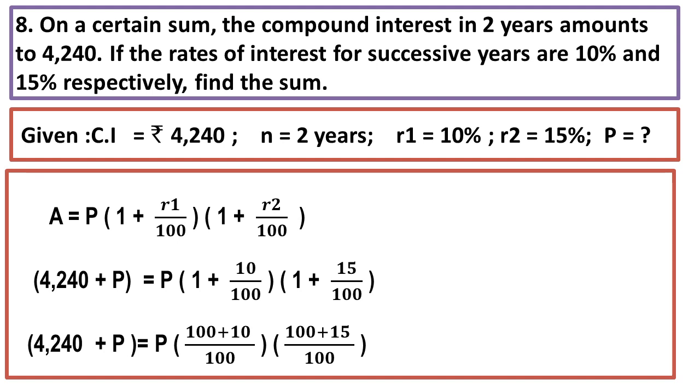Hence, in the place of A, substitute 4,240 plus P is equal to P into 1 plus R1 by 100, that is 10 by 100, into 1 plus R2 by 100, that is 15 by 100. Take the LCM and move to the next step for the further simplification.